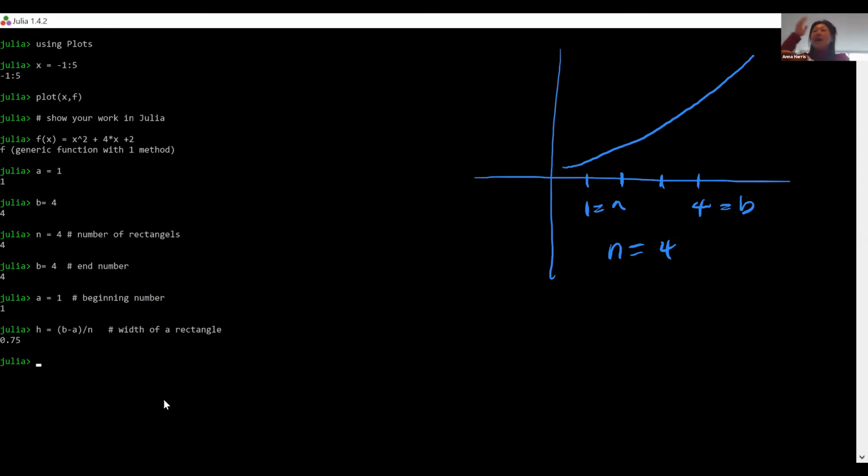I have a different height each time. The very first height is a. That's my first height. What's the second one? The second height is a plus h times 1.